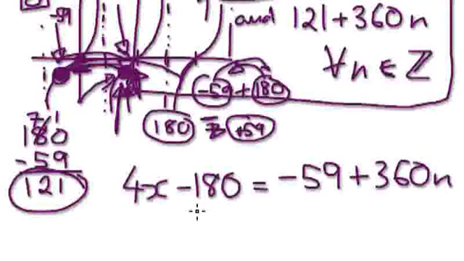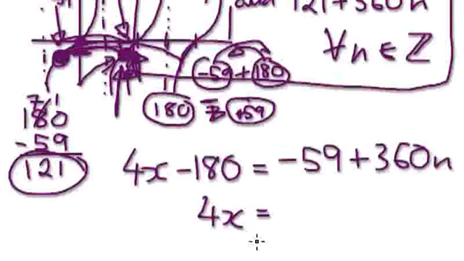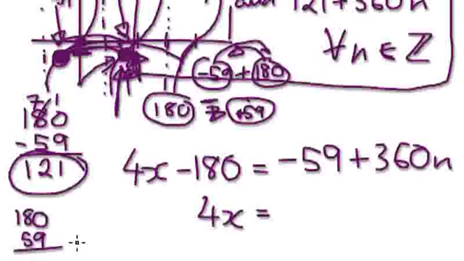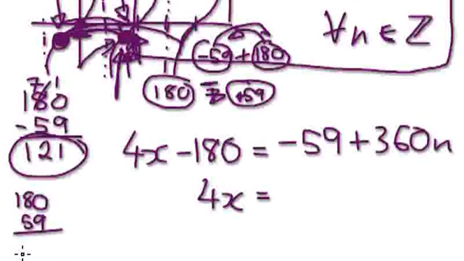So now add 180 to both sides. So this will be 4x here, and us adding 180, that's just like us doing 180 minus 59.